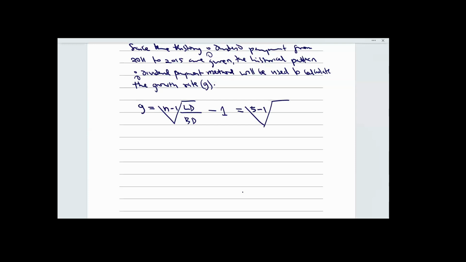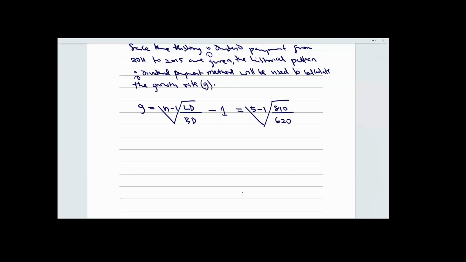Dividend of 2015 is how much? 810, that's 810,000, divided by dividend in the first year, 620.